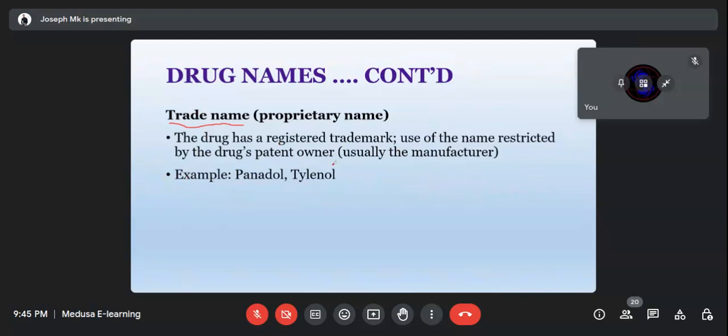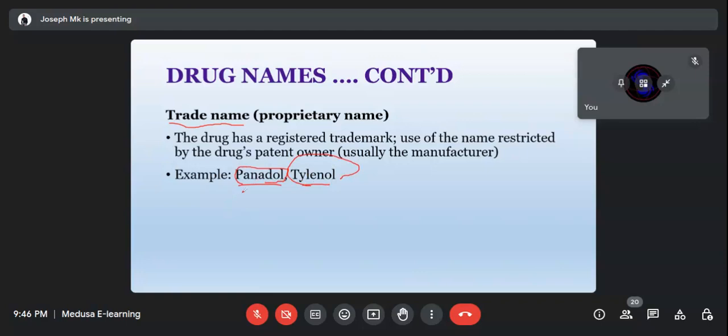The example they've given here is Panadol, and this one, Tyreno. They are brand names because not every company can use these names.